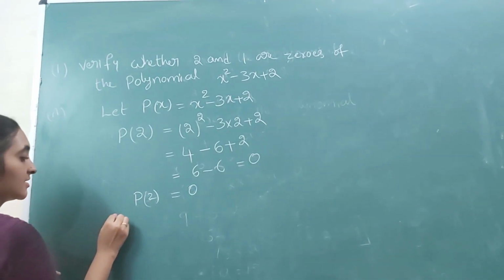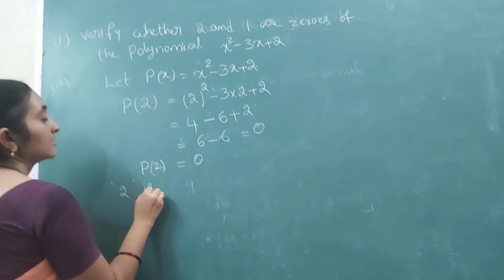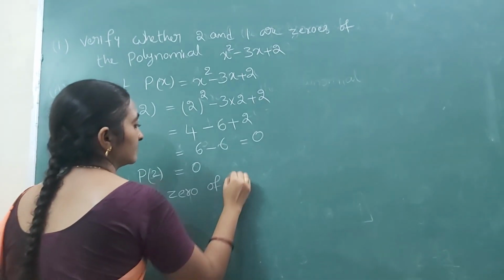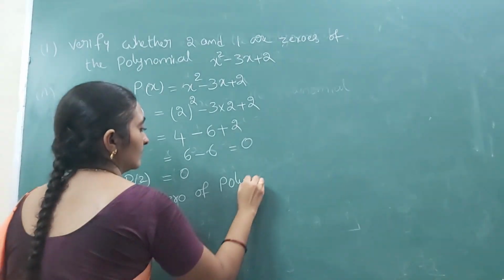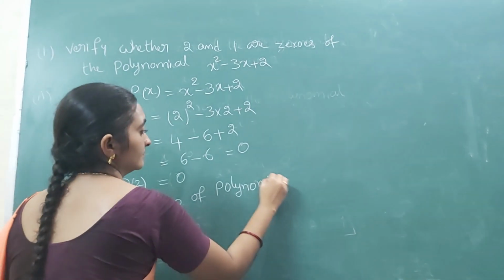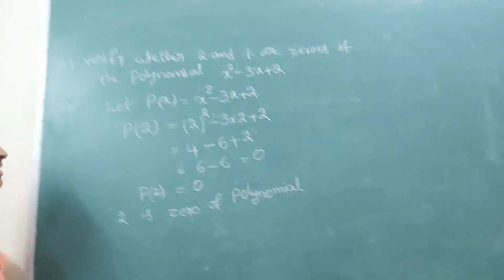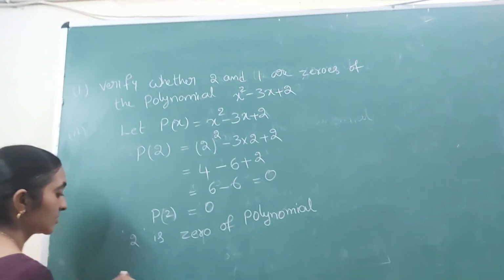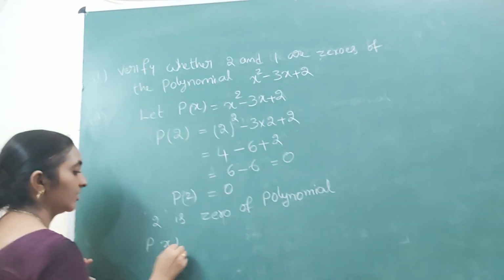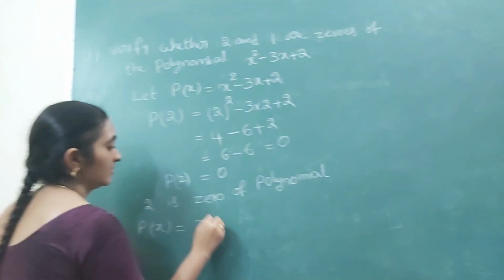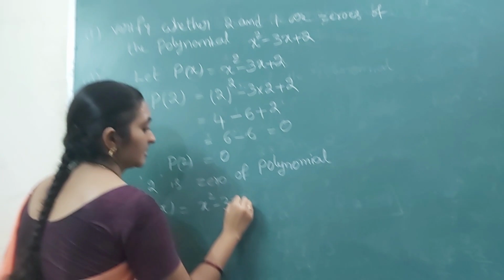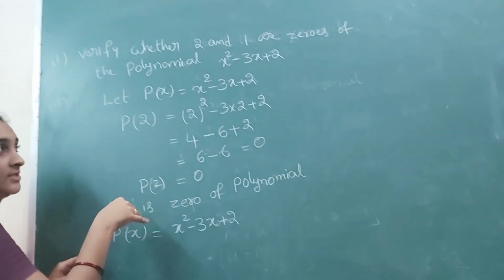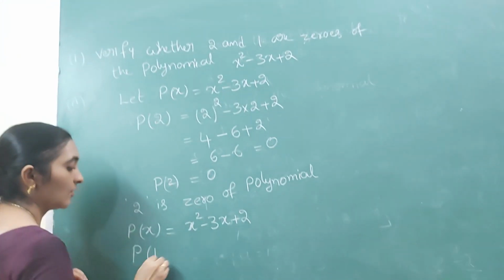Then 2 is a zero of the polynomial. Next we check 1. Is 1 a zero of the polynomial or not? So we take p of x is equal to x squared minus 3x plus 2. In this polynomial we substitute 1, p of 1.